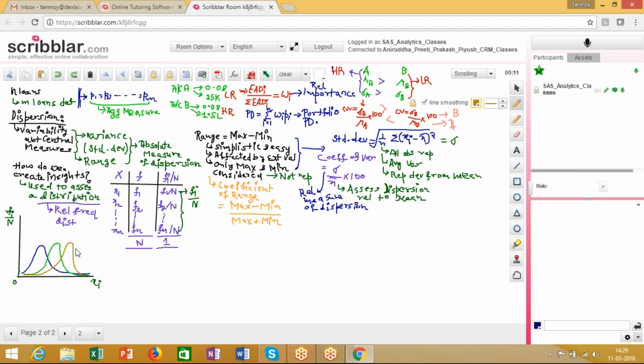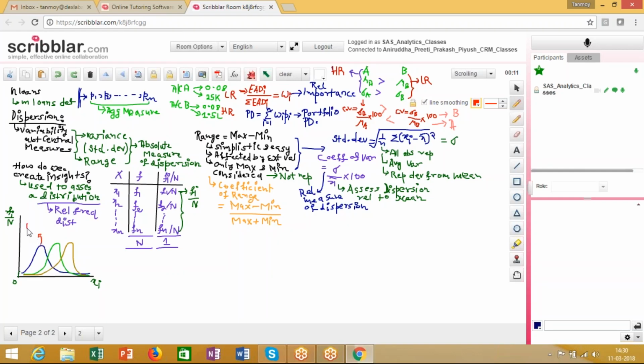So this kind of a data set or this kind of a distribution represents a variable which contains different heterogeneous groups of values. So over here in this case, what you can see is that this distribution that I have is the skewed data.